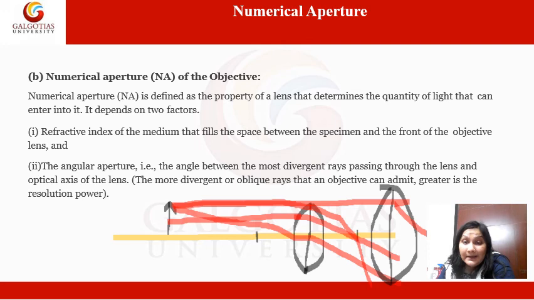It means by using a lens of higher aperture, we will get more divergent rays and more angle between the ray that passes through the optical axis and that which passes through the other part of the lens.